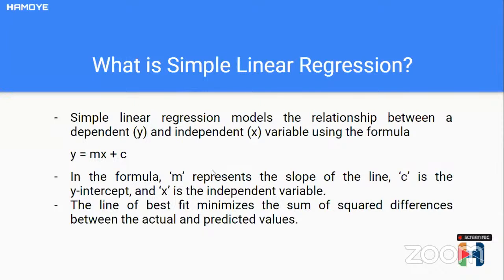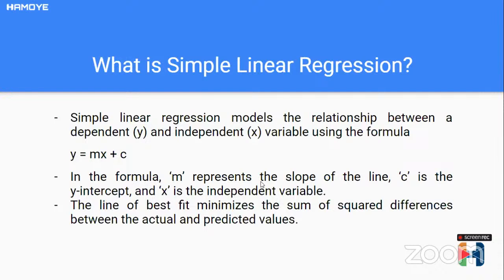You have a scatter plot, and the model will try to get a line in between the points such that the line will minimize the difference between the actual and predicted value. It will then use that line to make predictions on a data set that it has not seen before.